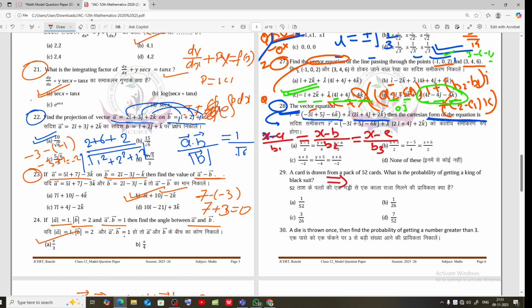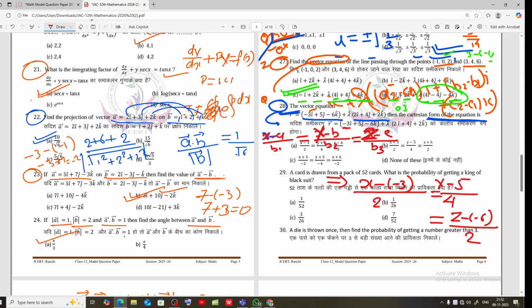This equals x minus a, where a value is minus 3, so x minus minus 3 by b1 value which is 2. The second position is y and the third position is z. Y minus 5 by 4, and z minus minus 6 by 2.